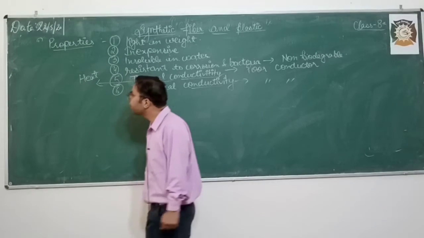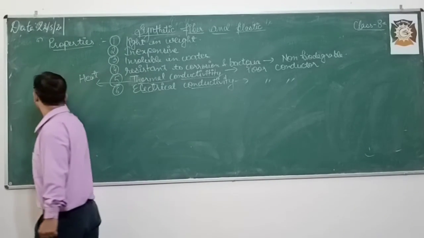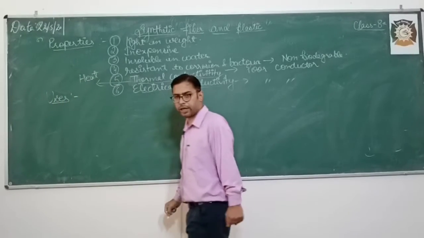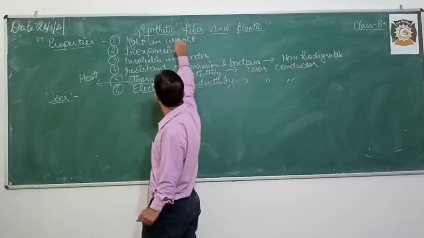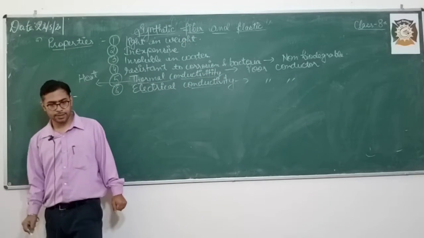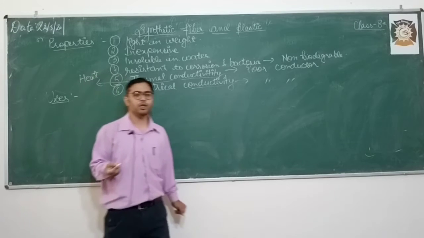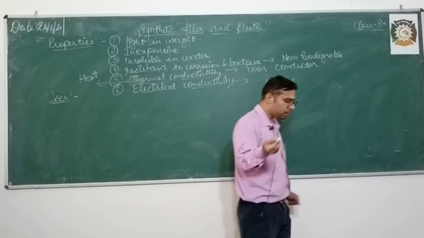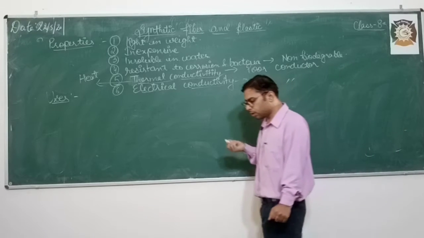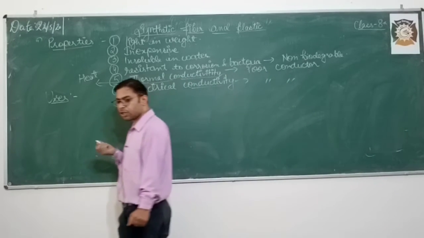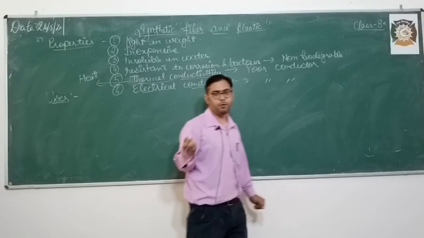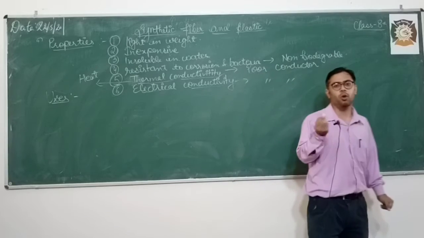Okay students, now on the basis of that we will try to learn the uses of plastic. First, we have studied that plastic is light in weight. As we know, when a spaceship is going, it is very important that the weight of each and every material in the payload should be less, because if you carry heavy payloads then you require more fuel.